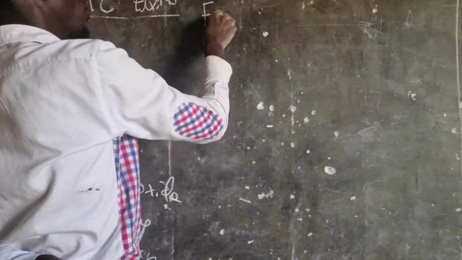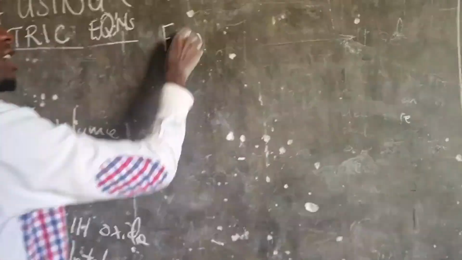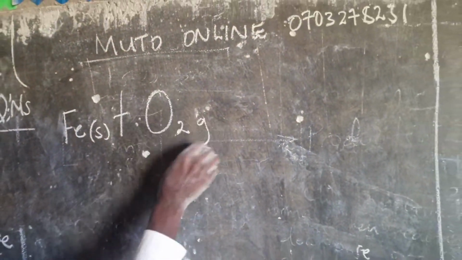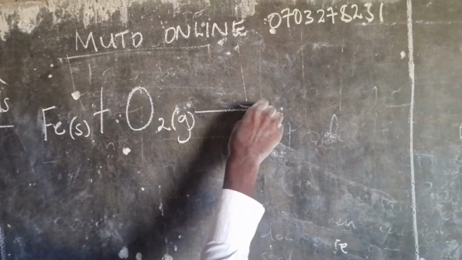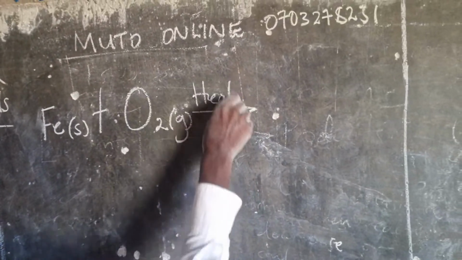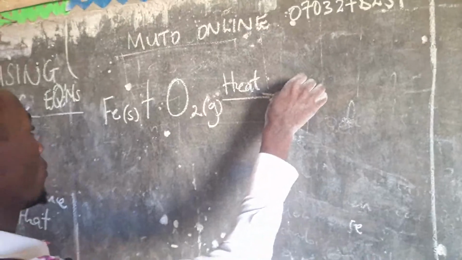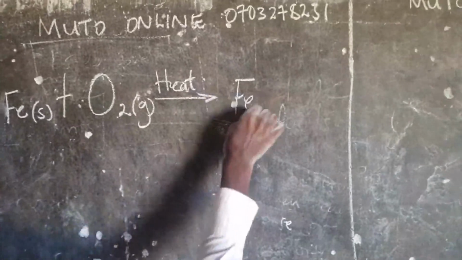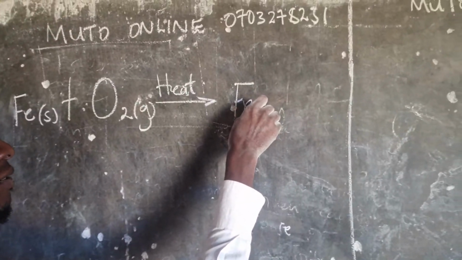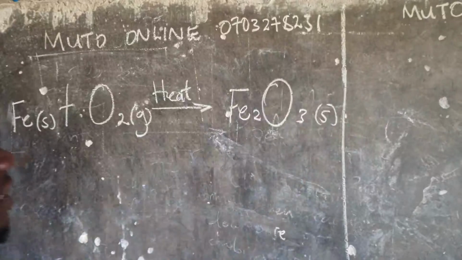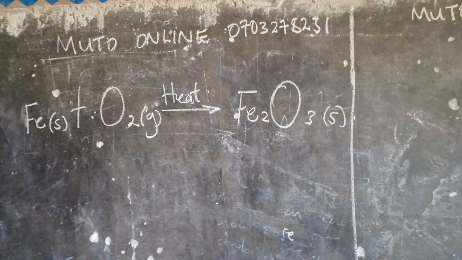So iron is in solid state. When completely heated in air, it will react with oxygen. The condition is heating. It will give us iron(III) oxide, which is in solid state. So we can try balancing it.